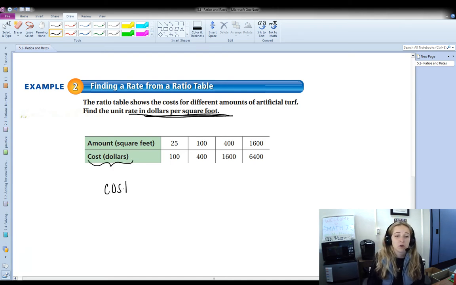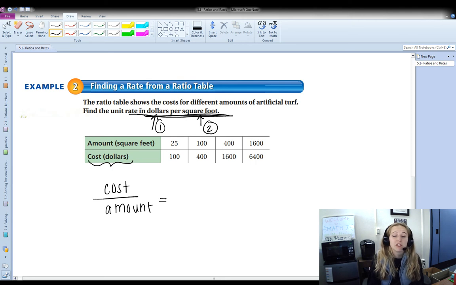So cost is going to go on top of our fraction and amount is going to go on the bottom. The reason I get that is because dollars comes first, square feet comes second. So it needs to be cost over amount. Don't be confused, because sometimes the ratio table will be set up a different way.